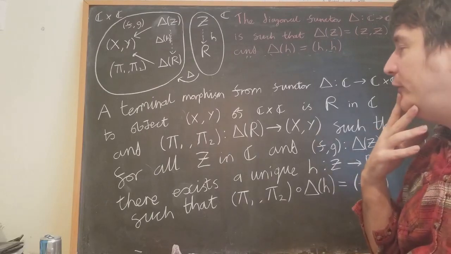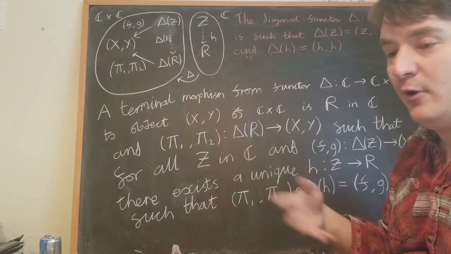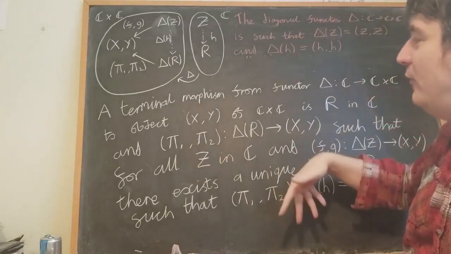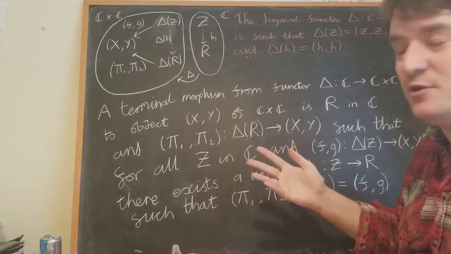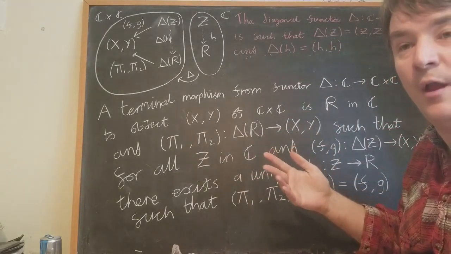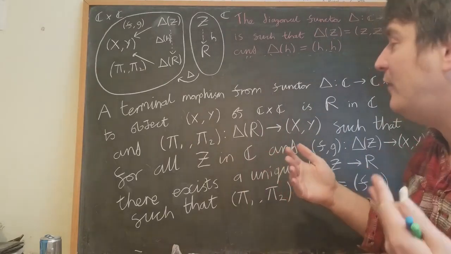Okay, so all we're going to do is just think about what this definition means, and we'll see it's precisely the definition of the categorical product of x and y.